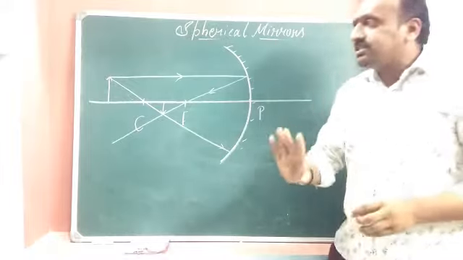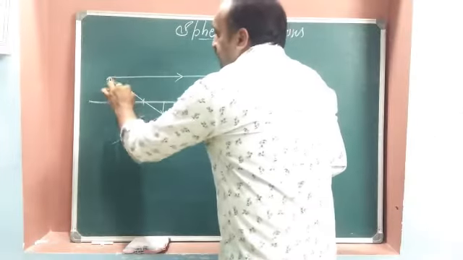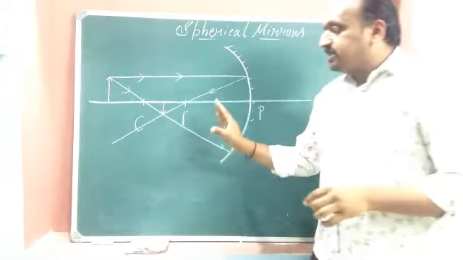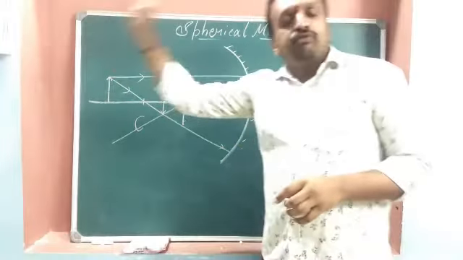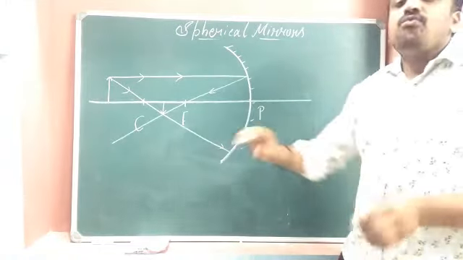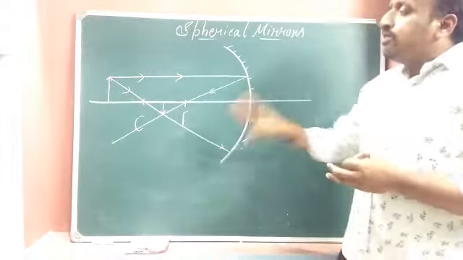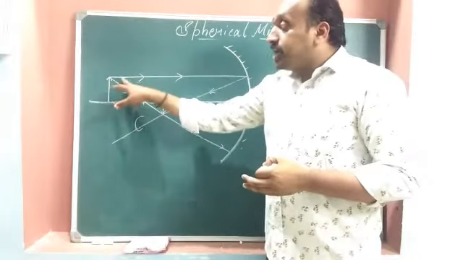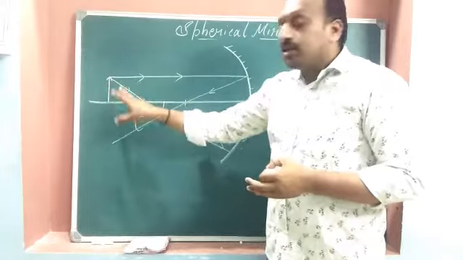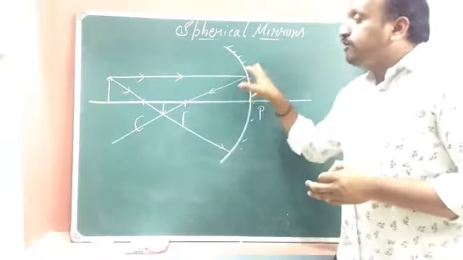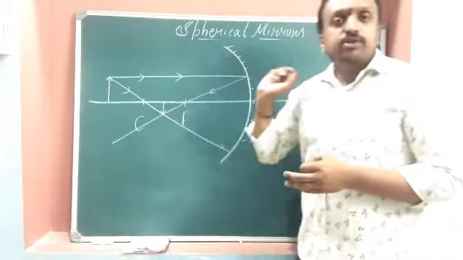Very easy and simple. Imagine that we have kept an object beyond center of curvature. How we can draw the ray diagram? Very simple. We need to take two rays. One is parallel. After reflecting, it will pass through the focus.